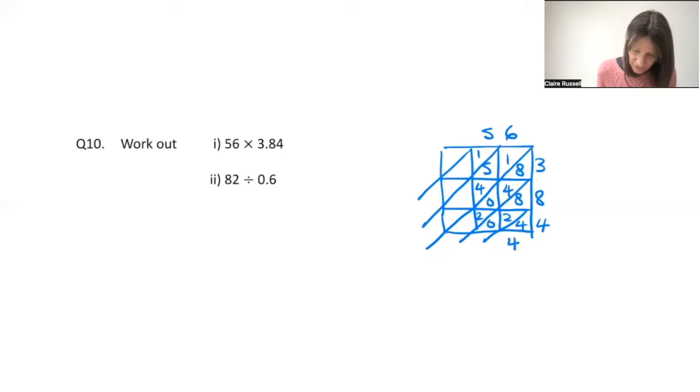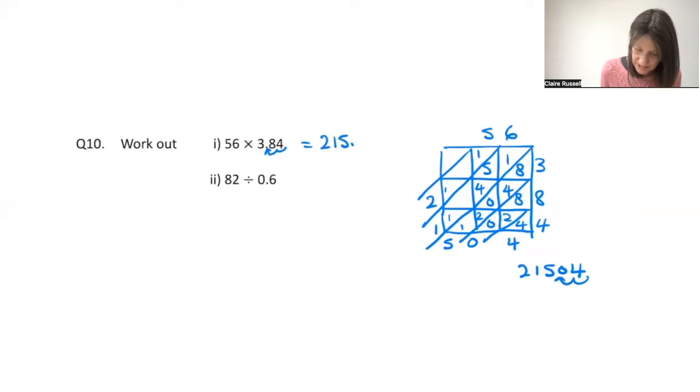So I've got 4, I've then got that 10 carry 1, 12, 13, 14, 15 carry 1, got 11 carry 1 and 2. So I've got 21504 coming out. Now looking at the question, I'm going to need to come in 2 places for that decimal point. So it is 215.04.